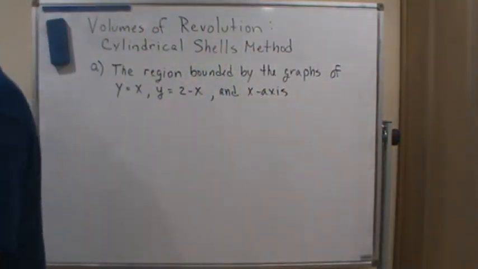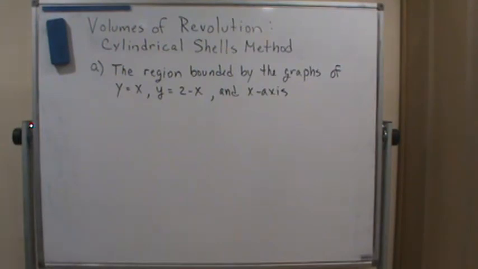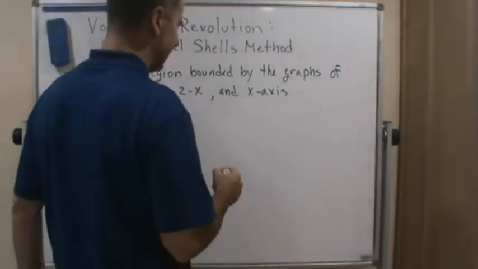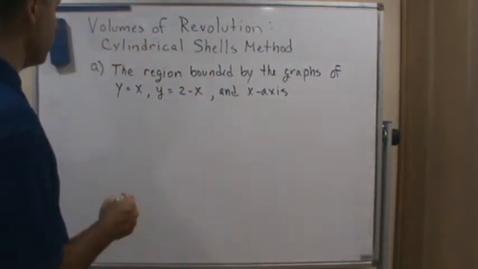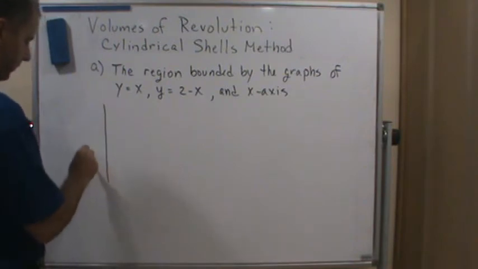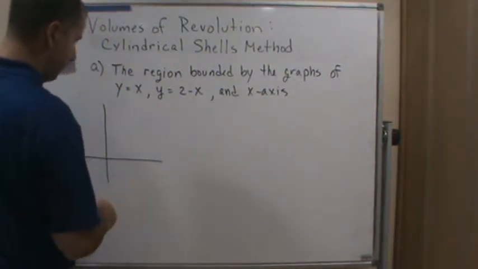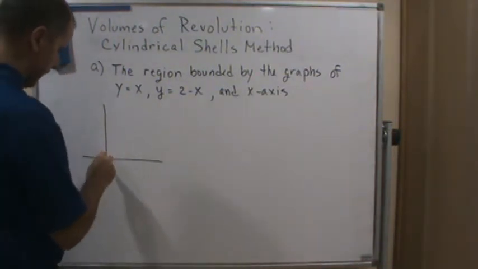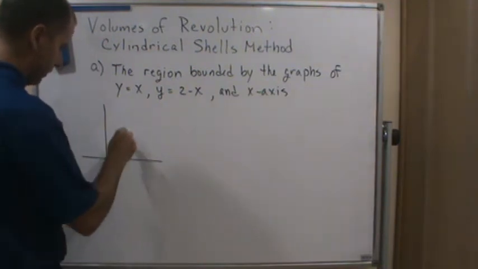Okay, so for this one, we're going to rotate around the x-axis. The first thing I would do is sketch the graph and see what it looks like. So y = x looks like this.